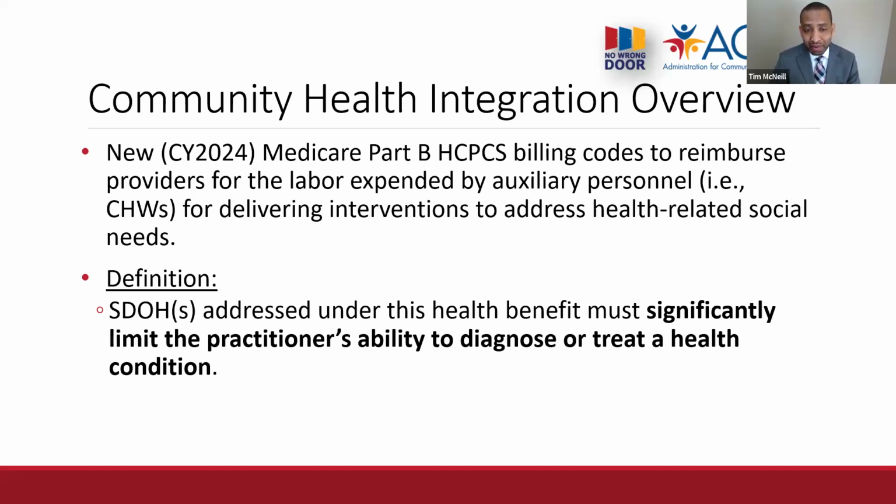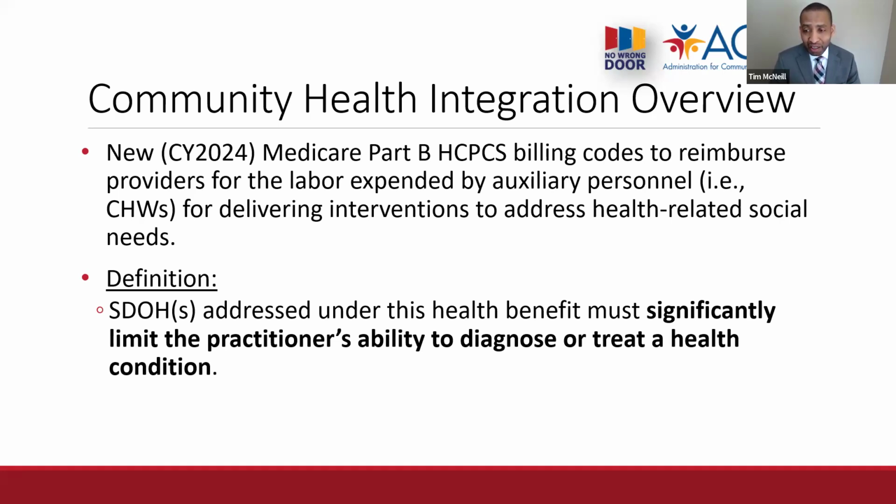But essentially, CMS established a new set of HCPCS codes, or billing codes, and the billing codes reimburse Part B providers for the labor expended by auxiliary personnel such as community health workers. It also allows providers to contract with community-based organizations such as area agencies on aging that provide the labor to address health-related social needs amongst the population.